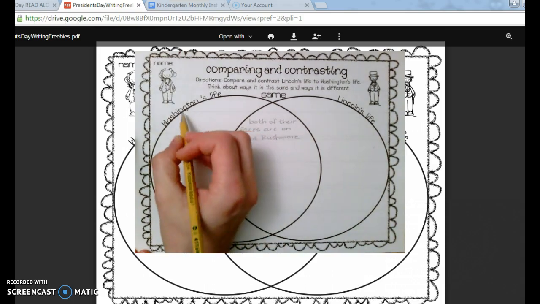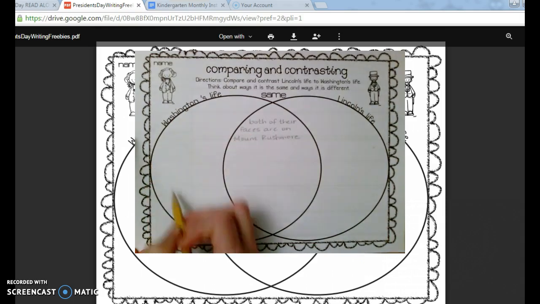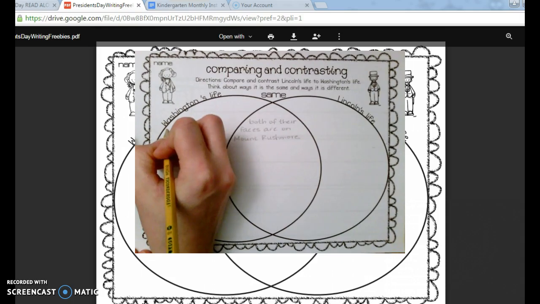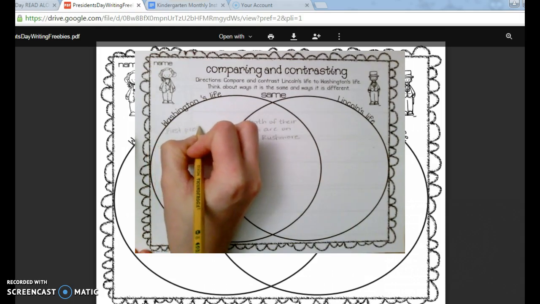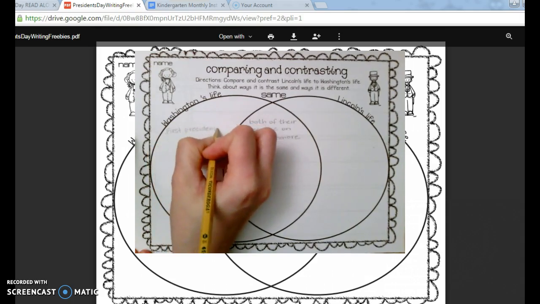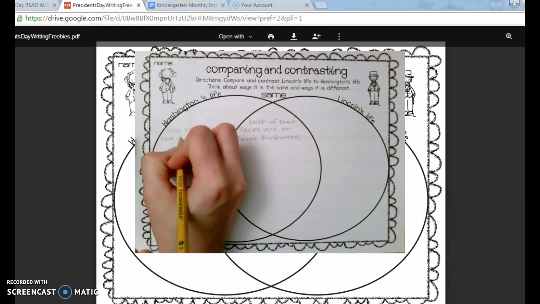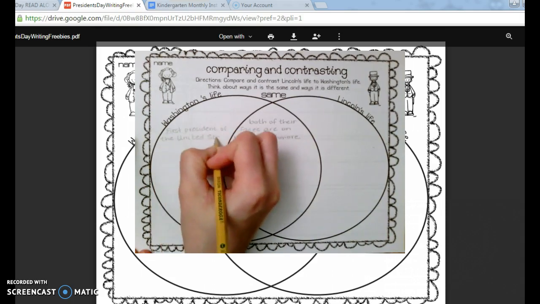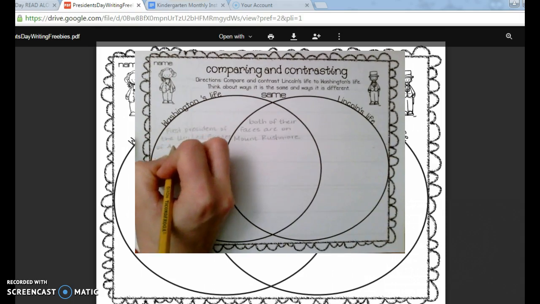Now, something that was unique to George Washington, or a fact just about George Washington, a way they were different, is George Washington was the first president of the United States of America. So he was the first president of the United States of America.